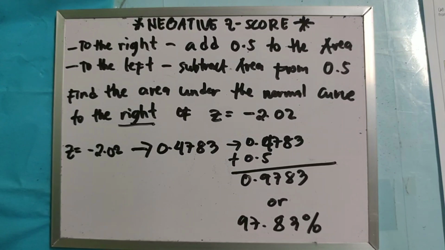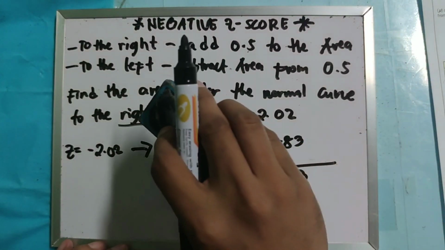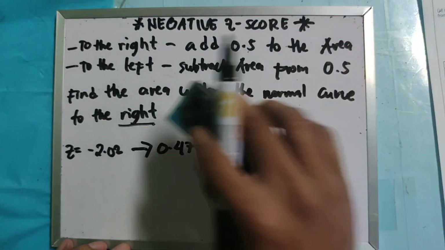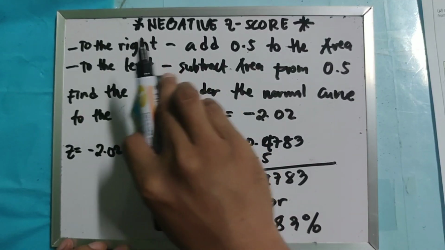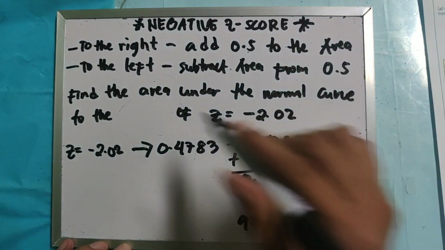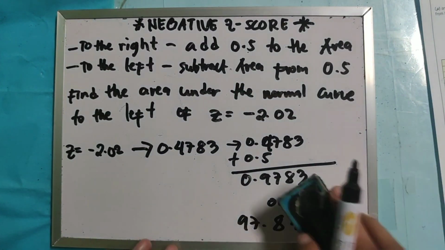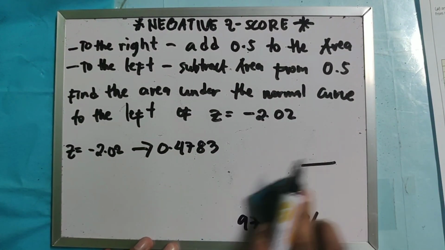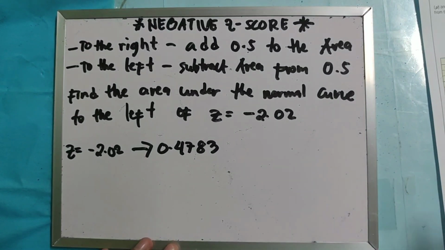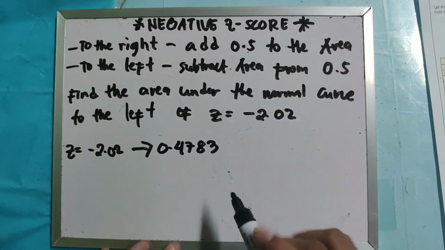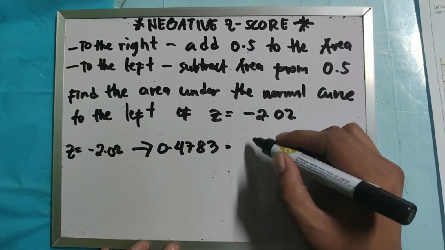What if naman we are looking for to the left? What if to the left na naman? To the left of negative z-score. So, anong gagawin natin sa z? Kapag to the left yung z natin, subtract the area. So, subtract area from 0.5.